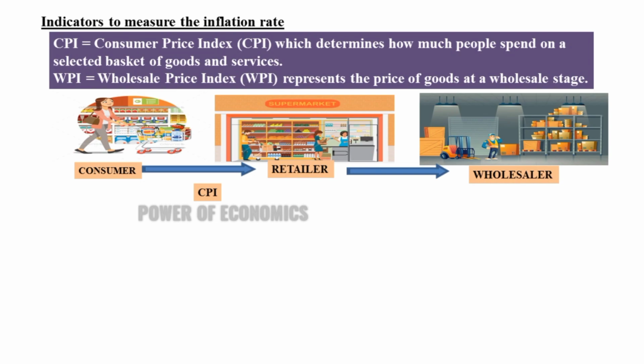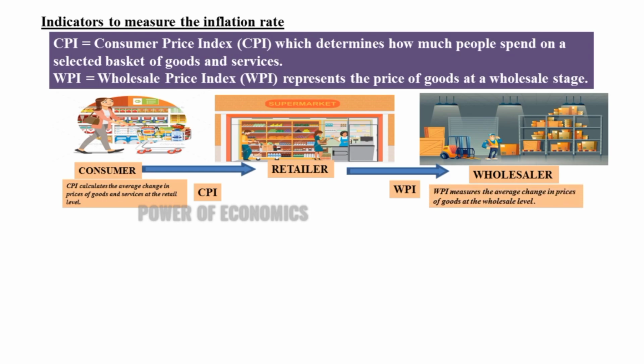CPI is calculated in between the retailer and the consumer. To calculate the average change in the prices of goods and services at the retail level, CPI is used, whereas WPI is calculated in between the wholesaler and retailer. To measure the average change in the price of goods at the wholesale level, WPI is used.